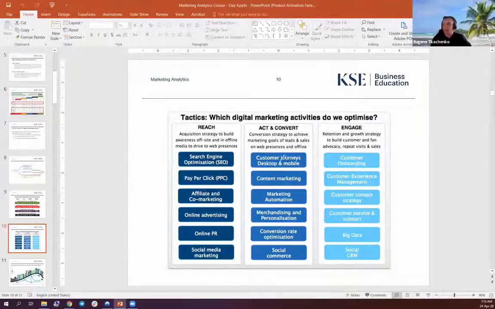We will be dealing mostly with customer journey maps for both desktop and mobile devices, with the content marketing automation, such as, for example, emails or some sort of SMS blasts, or different automation tools you may be using, such as chatbots if you're using Telegram or Facebook and other platforms.